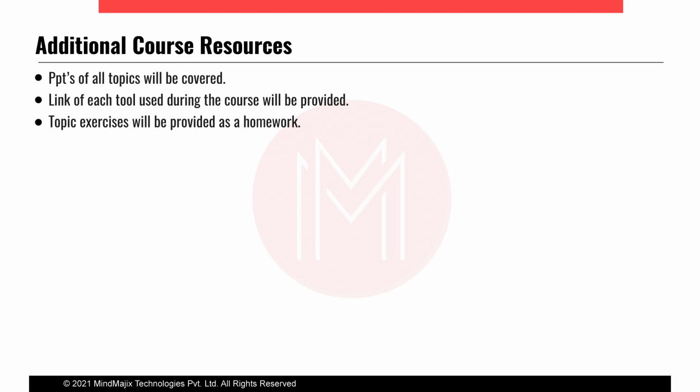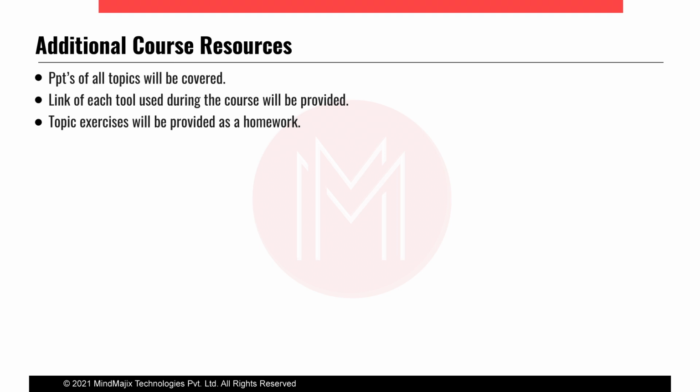Then a topic exercise will be provided as homework. Whenever we complete a topic, we'll give you a topic exercise, which will be purely based on the topic covered that day. I'll give you some exercises, and you have to complete them within the next day or within that week.